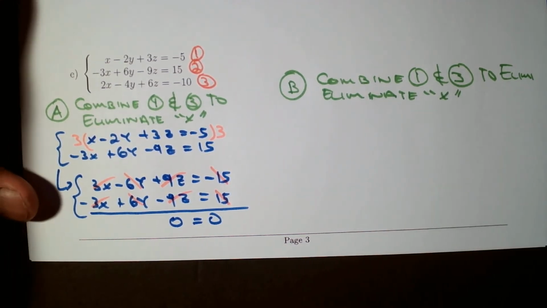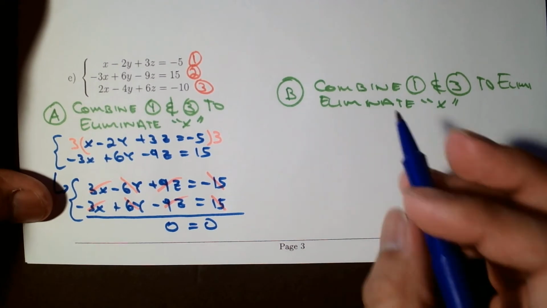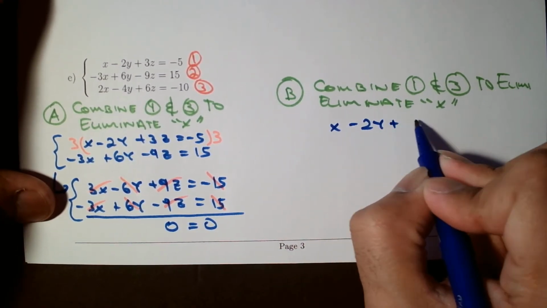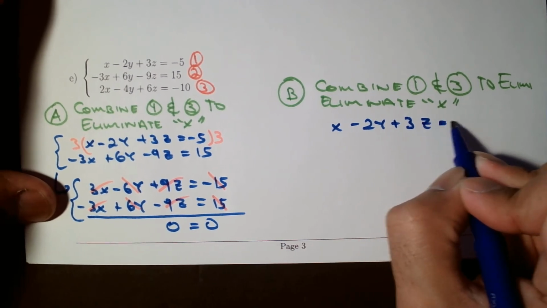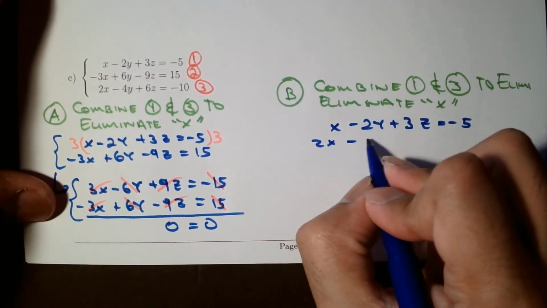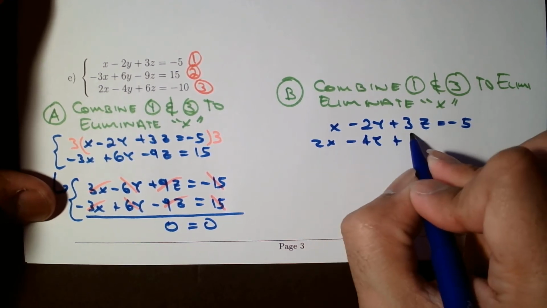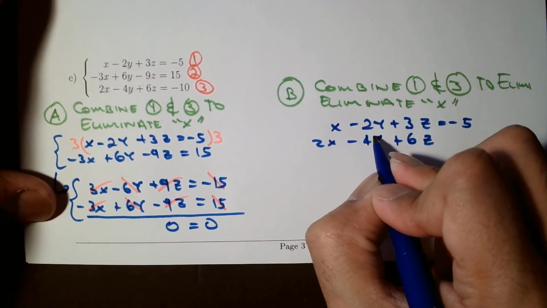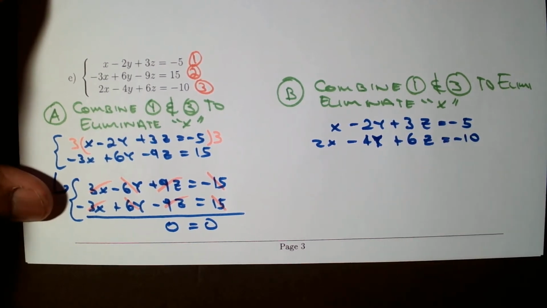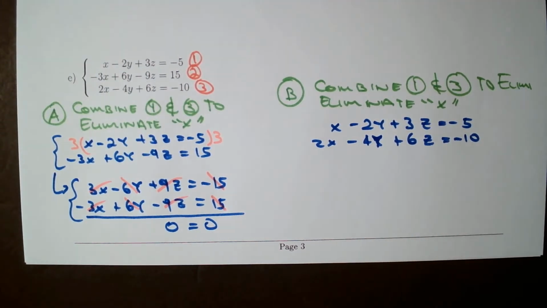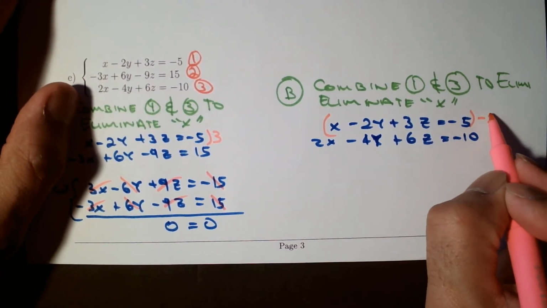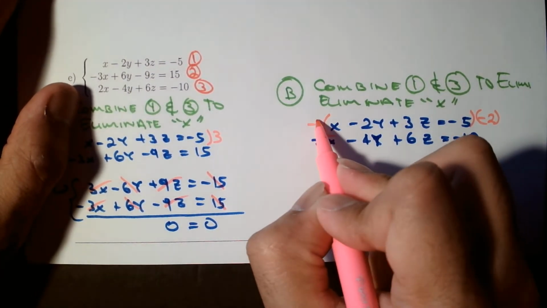So what is that going to give us? Let's write down these two together. x minus 2y plus 3z equals negative 5, and 2x minus 4y plus 6z equals negative 10. In order to get this eliminated, we need to multiply the first equation by negative 2 on both sides of it.